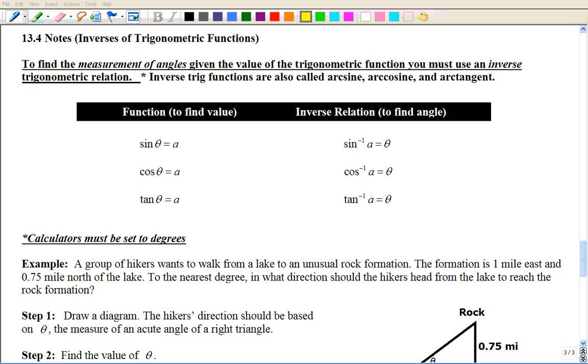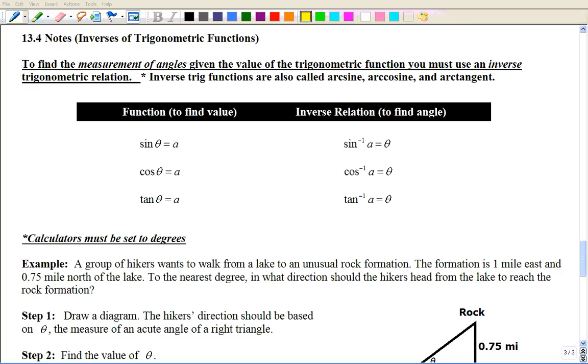To find the measurement of angles given the value of the trig function, you must use an inverse trigonometric relation. Instead of calling these inverse sine and inverse cosine, you could also call them arc sine, arc cosine, and arc tangent. So for the function, we have the sine of theta equals a, cosine of theta equals a, and tangent of theta equals a.